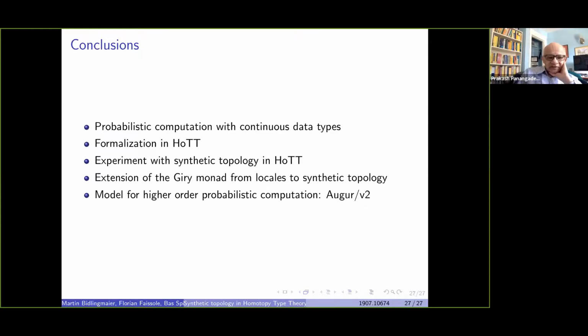Thanks very much, Bas. So if anybody has questions, please unmute yourself and ask. But let me start with a question that was asked on the chat by Robert Furber. So he asks, isn't it the case that the constructive Riesz representation theorem is for continuous valuations, not merely omega continuous ones?